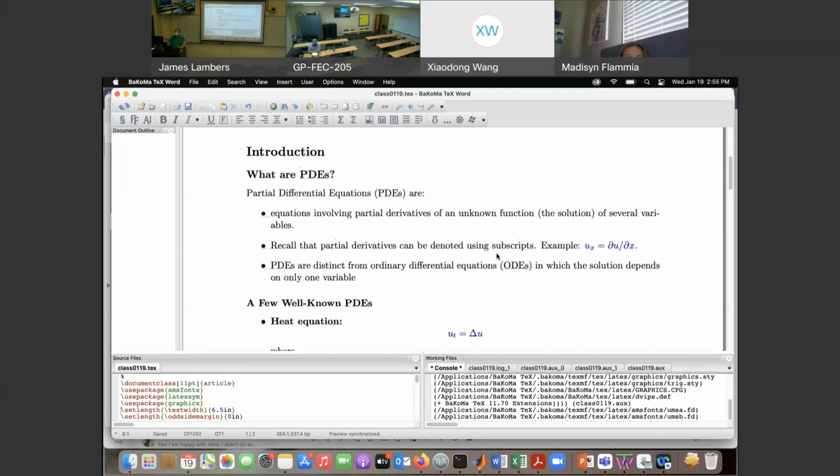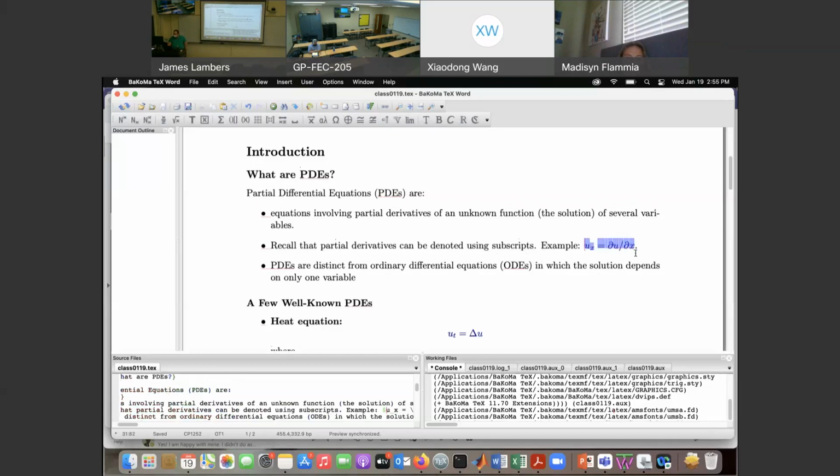Okay, so now partial derivatives you would have seen in Math 280, multivariable calculus. So these you're going to see all the time. And so here we have a partial derivative of a function u with respect to x. So here u is assumed to be a function of x and other variables like y or t. But most frequently I'll be using this notation, just a subscript.